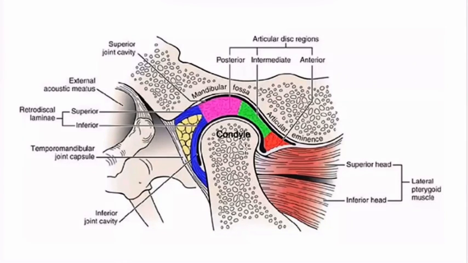Now you know that the parotid gland should be here, which we've already discussed, and the TMJ in anatomical location is found almost 13 millimeters anterior to the external acoustic meatus.